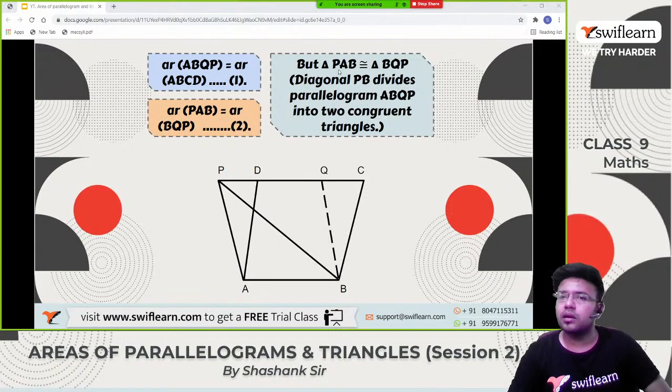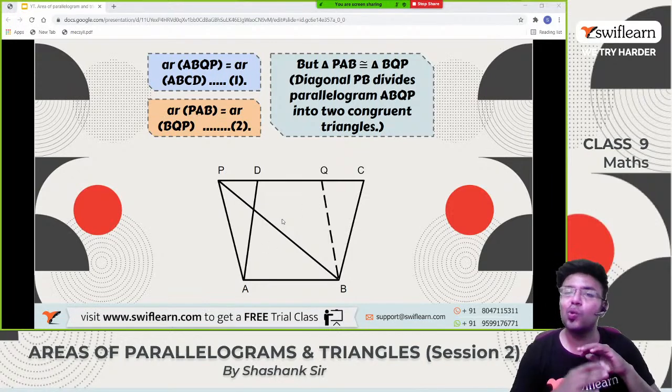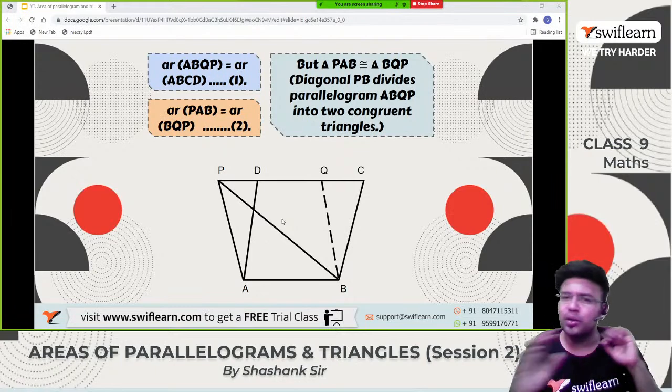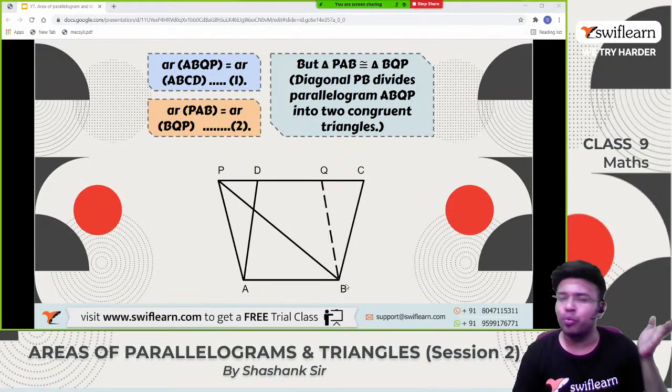Now, see here, triangle PAB is congruent to triangle BQP. These two triangles: a diagonal divides the parallelogram into two exactly equal areas, or two congruent triangles. So this triangle is congruent to this triangle, or we can prove it.